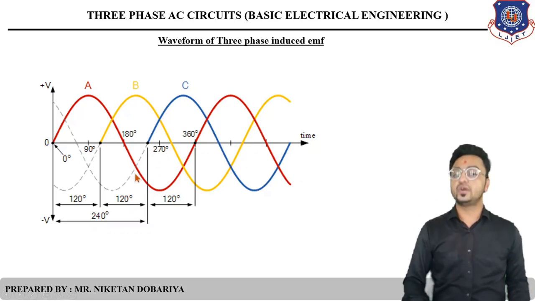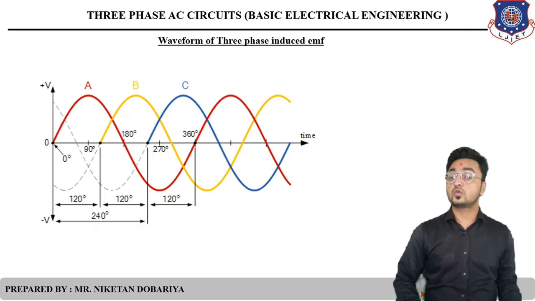In the same way, the third waveform will start at 240 degrees lagging. So at 240 degrees its positive cycle starts at this point, and if you extend it backward, this will be the waveform of the third voltage.